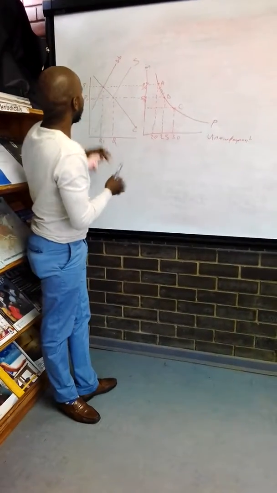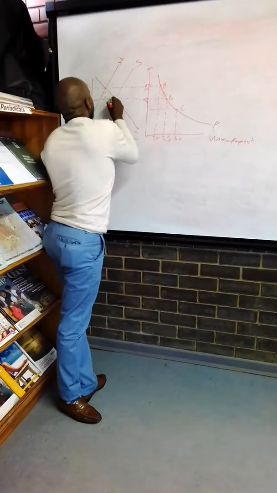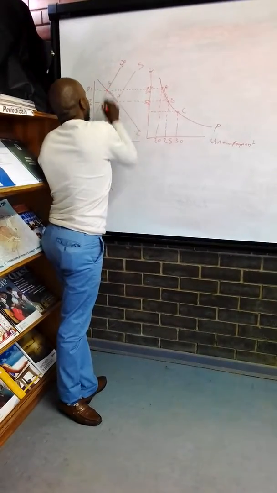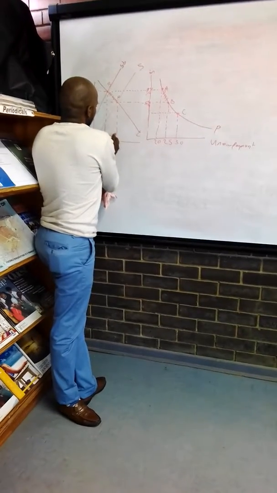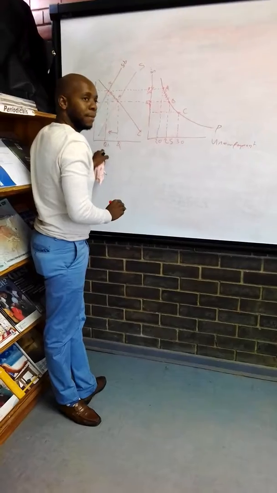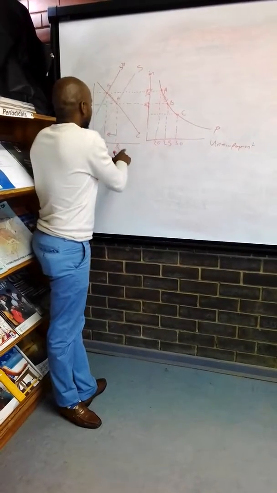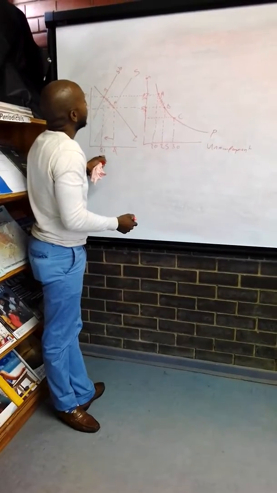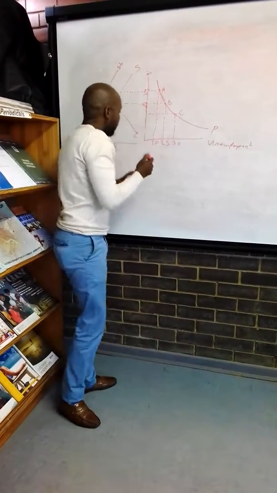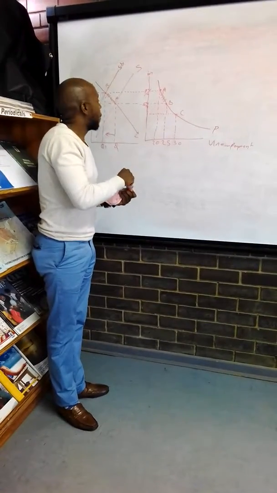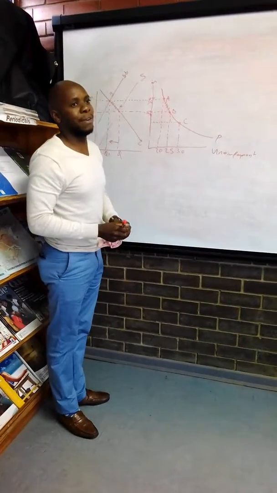We can see from the diagram, this movement from A to B shows a decrease from Q to Q1, because the quantity is also known as the output or the employment. So when the employment level decreases, what happens to the unemployment level?